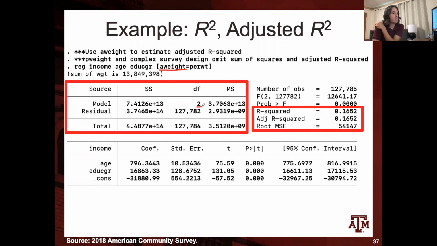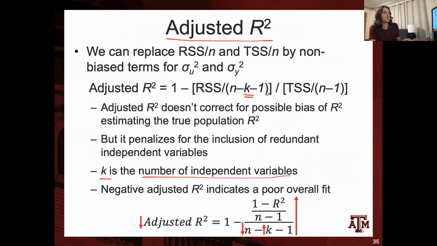Degrees of freedom here is because my model has only 2 variables. The degrees of freedom here is estimated as the sample size minus 1. So these numbers are here, n minus 1 for the total sum of squares. And the degrees of freedom for the residual sum of squares is n minus k minus 1.